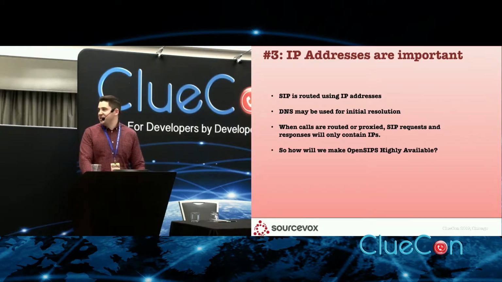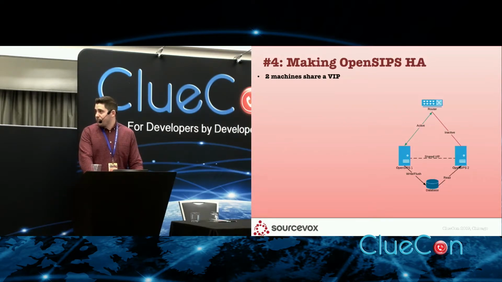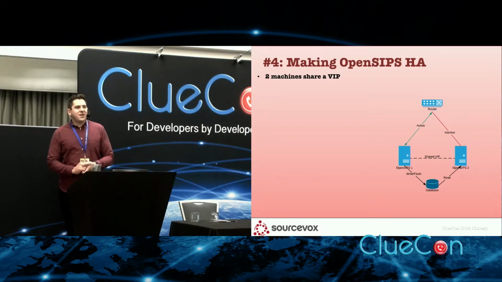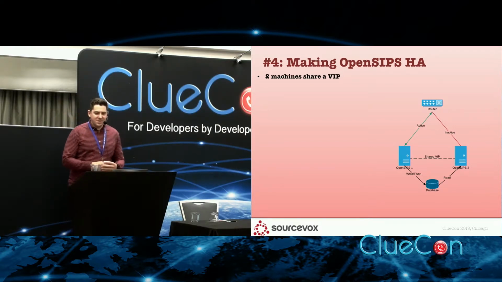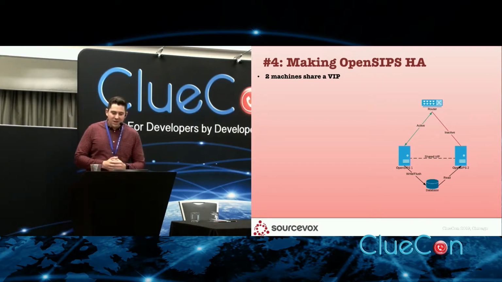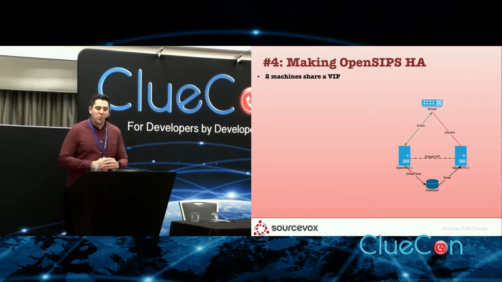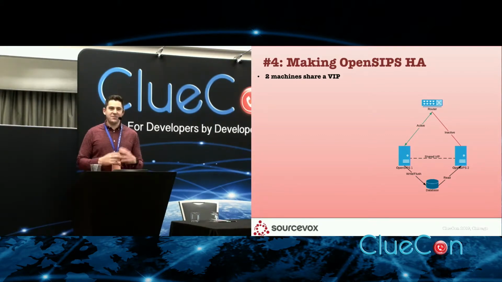So the next question: how do we make OpenSIPS highly available? And this was the fourth lesson. I think this is a fairly classic situation that many people may have seen before. The classic way to make OpenSIPS highly available is to have 2 of them. You need some level of control in the network to be able to do this.